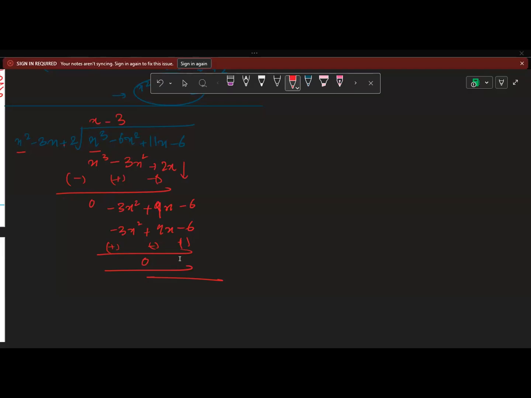Ma'am, I have just checked my school teacher's work, and this method is entirely different. So what method did your school teacher use? Can you send a photograph of that? Okay, send a photograph.